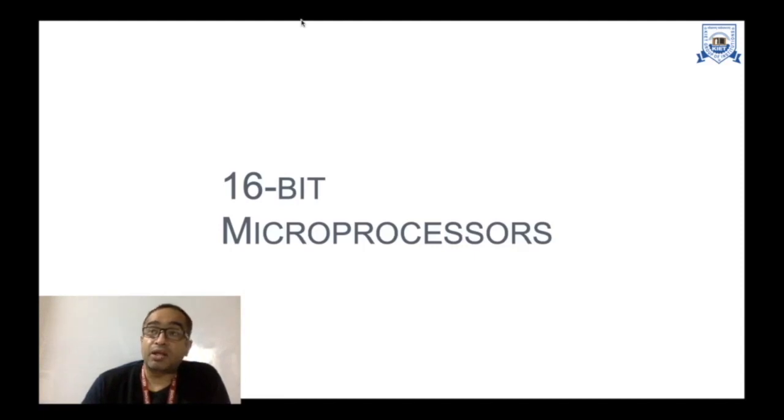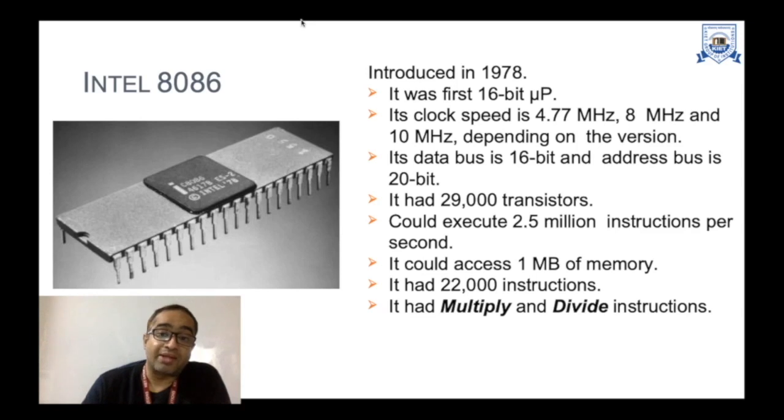Then they started the journey of 16-bit microprocessors. In 1978, they built their first 16-bit microprocessor, with a clock speed of 4.77 megahertz, 8 megahertz, and 10 megahertz, depending on the version. Its data bus was 16-bit and address bus was 20-bit.